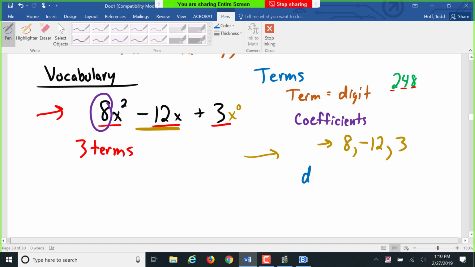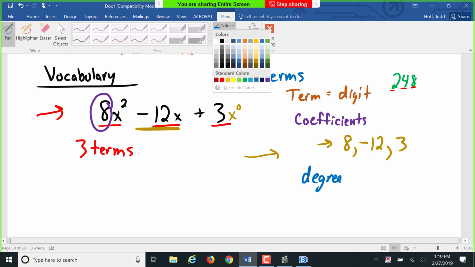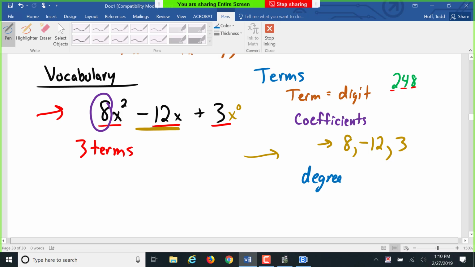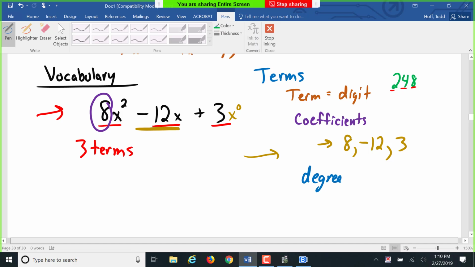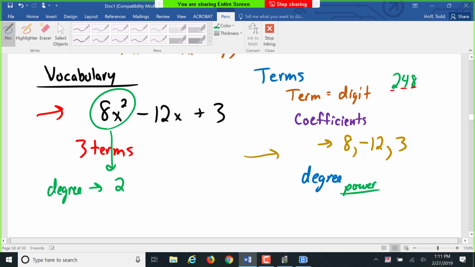Next thing they define is degree. Each term has a degree. Now in the whole numbers and integers, we could define it as well, but it makes a lot more sense in the polynomials. The degree is the power of the exponent. So each term has a degree. This term has a degree of what? 2, because the power on our exponent is 2.